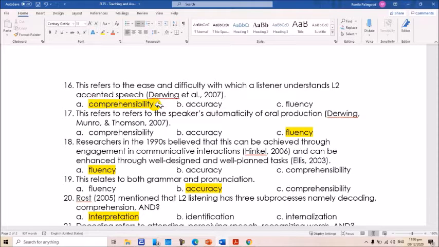Next, number 17. This refers to the speaker's automaticity. Of course, obviously, this one is fluency. Number 18, researchers in the 1990s believed that this can be achieved through engagement in communicative interactions by Hinkel and can be enhanced through well-designed and well-planned tasks.